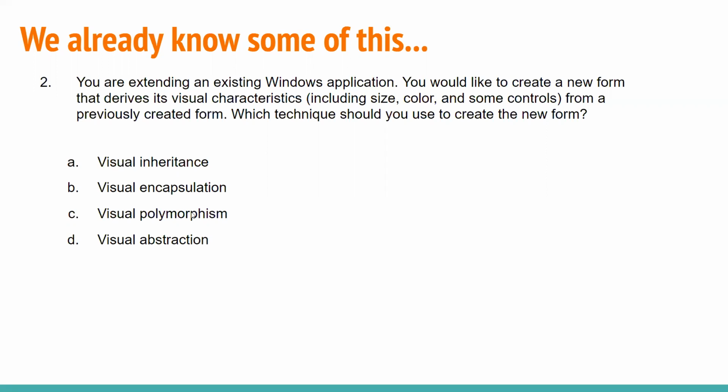That would be like you have one visual characteristic, but you want to slightly change it in a lot of different ways. I mean, perhaps that could be useful. But on a basic level, what this is defining is definitely visual inheritance. So yeah, that's A. We have a previously created form and we just want to derive it. Okay, so well done, Chris and Yusuf. You guys got it. Nicely done.